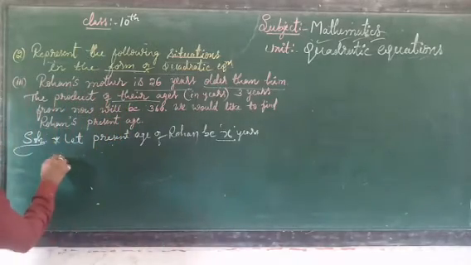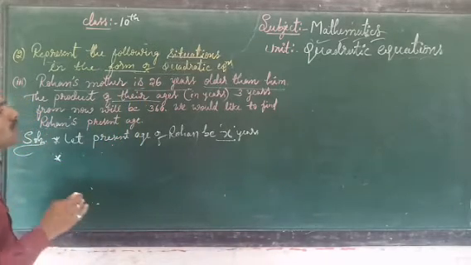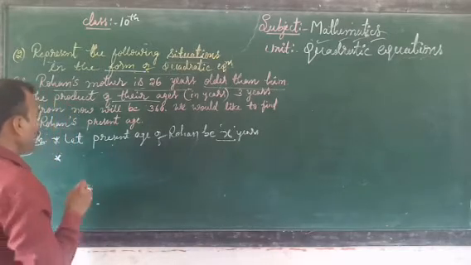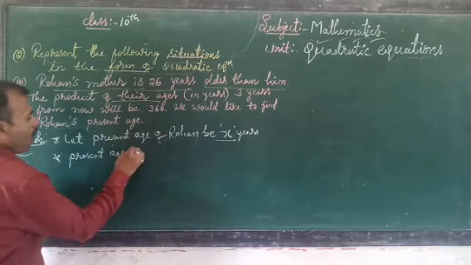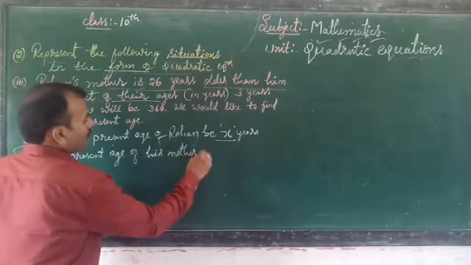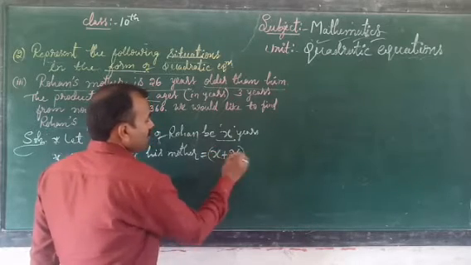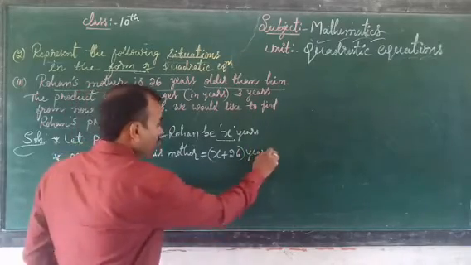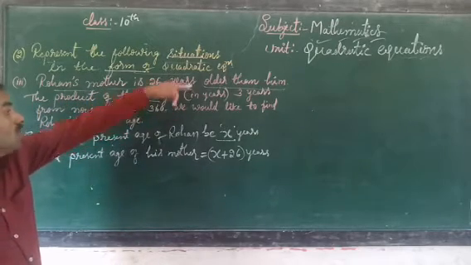Next, Rohan's mother is 26 years older than him. So the present age of his mother equals x plus 26 years, because Rohan's mother is 26 years older than him.